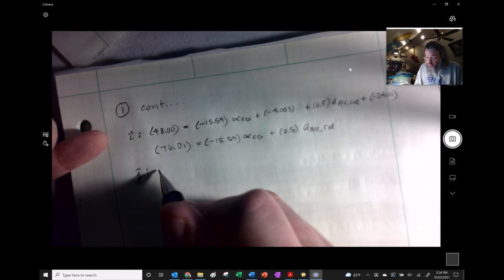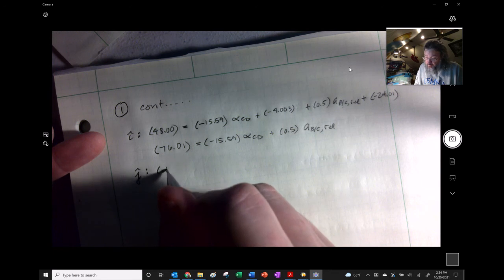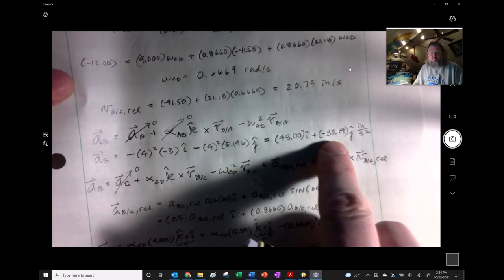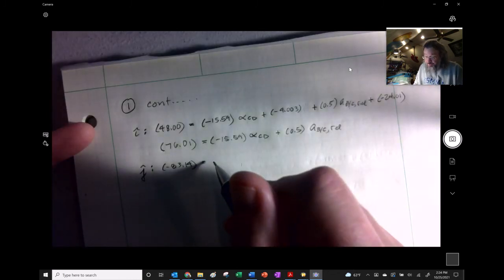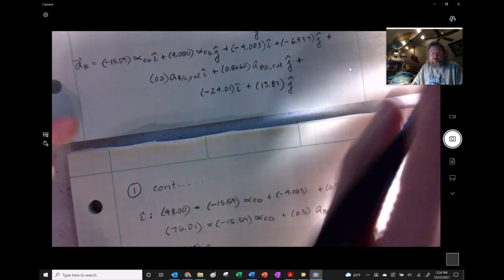And this one is going to be negative 83.14, if you'll recall. That's from back up here. And on the other side here, we have all of our J's.